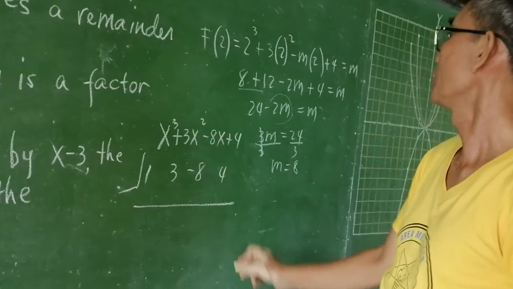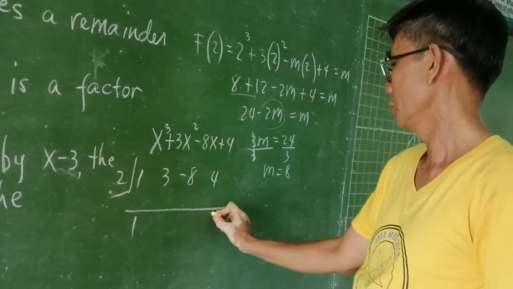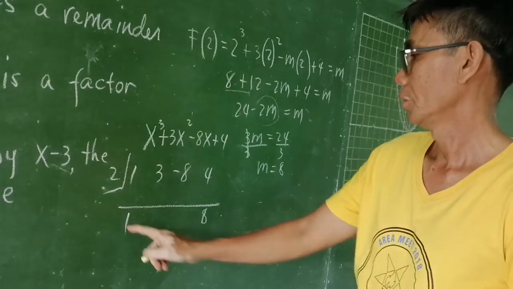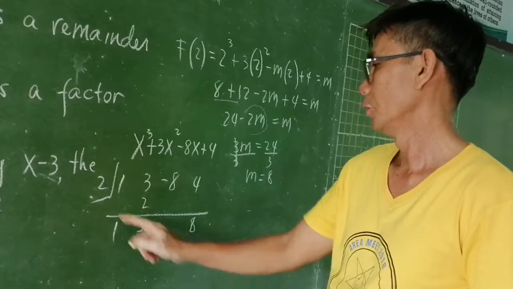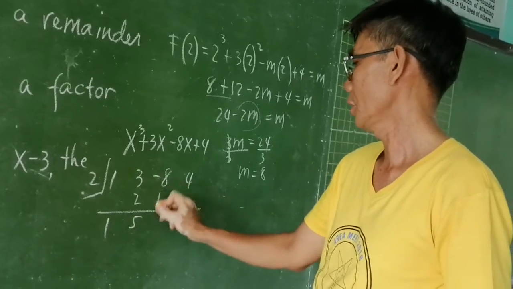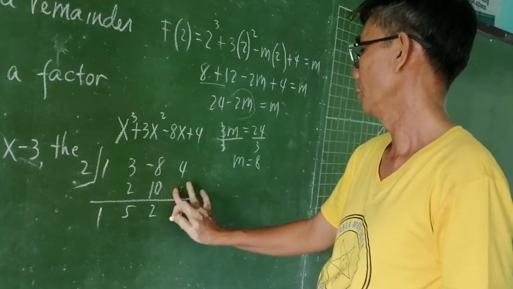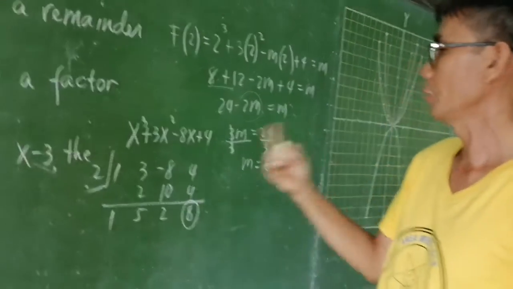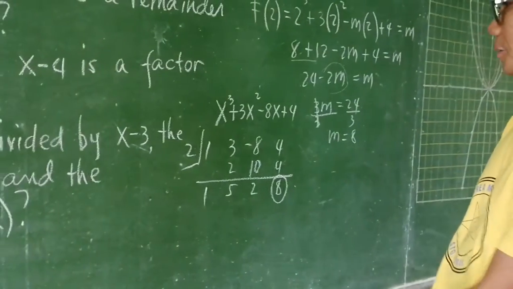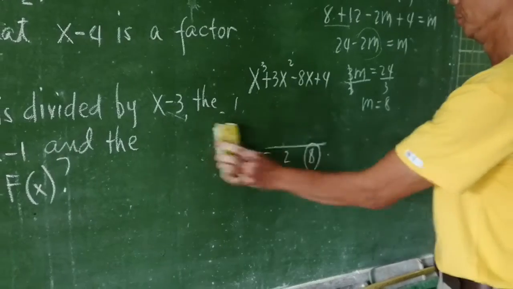So your divisor is 2. So your remainder is 8. Okay. So 1 times 2 is 2. You add, that will be 5. 5 times 2 is 10. So that is 2. 2 times 2 is 4. So 4 plus 4 is 8. So this is your remainder. So we are correct. So that's the solution for number 1.